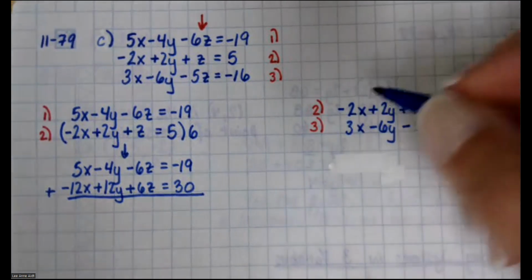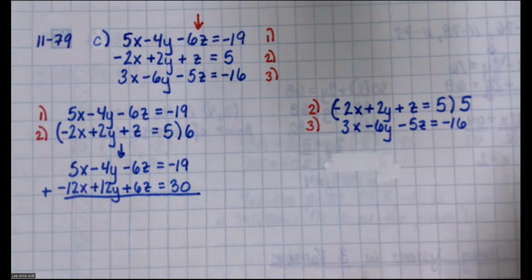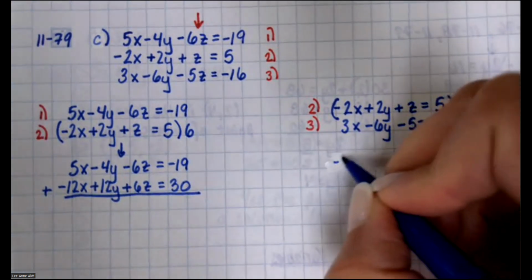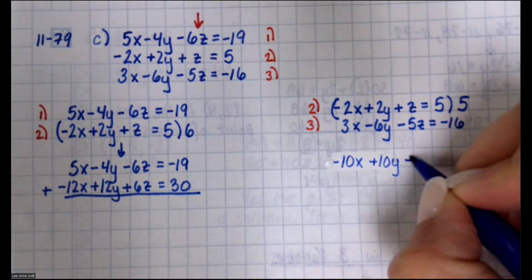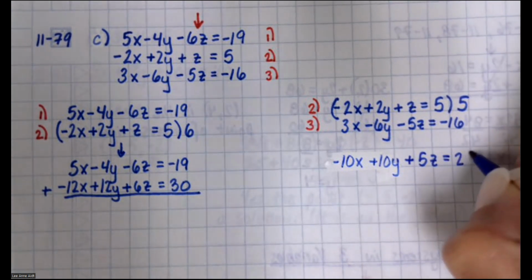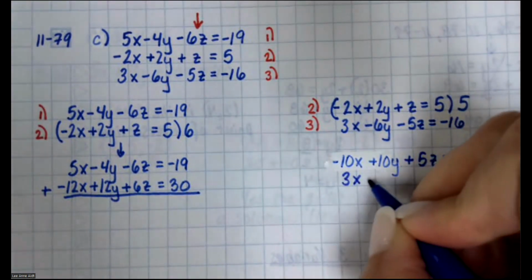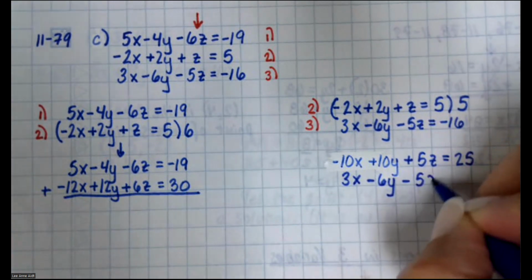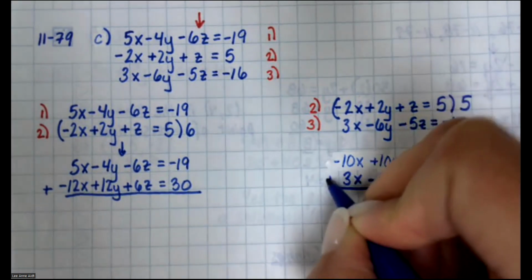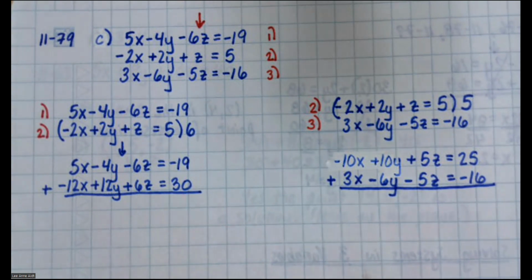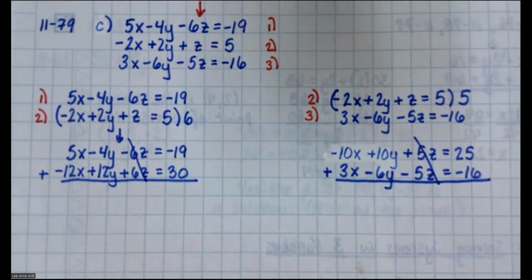I want to multiply the top one by 5 so that I have a 5z and a negative 5z. Okay. Z's, Z's.